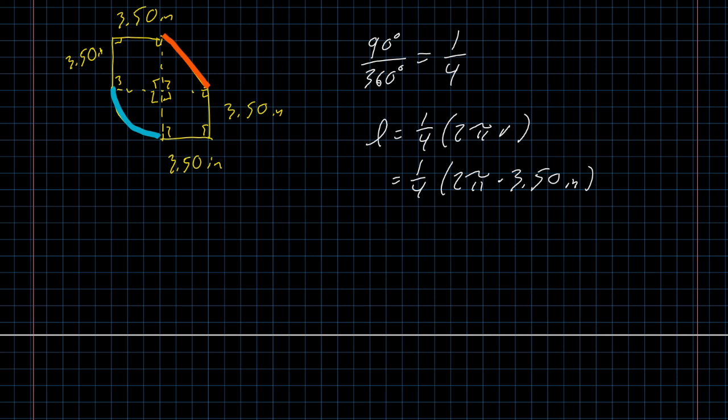So plug all of that into my calculator, and my calculator tells me that this length is going to come out at 5.4977, but round to 3 significant digits, that's 5.50 inches.